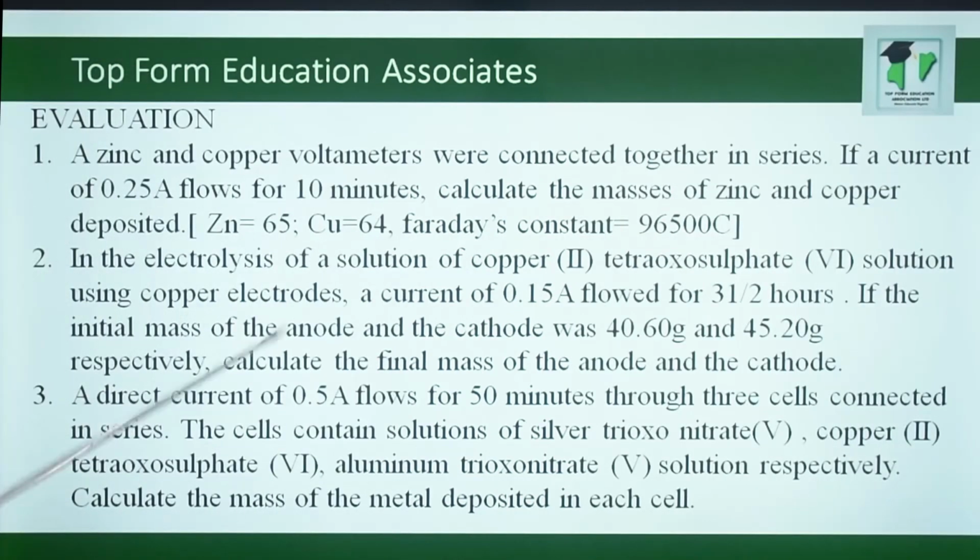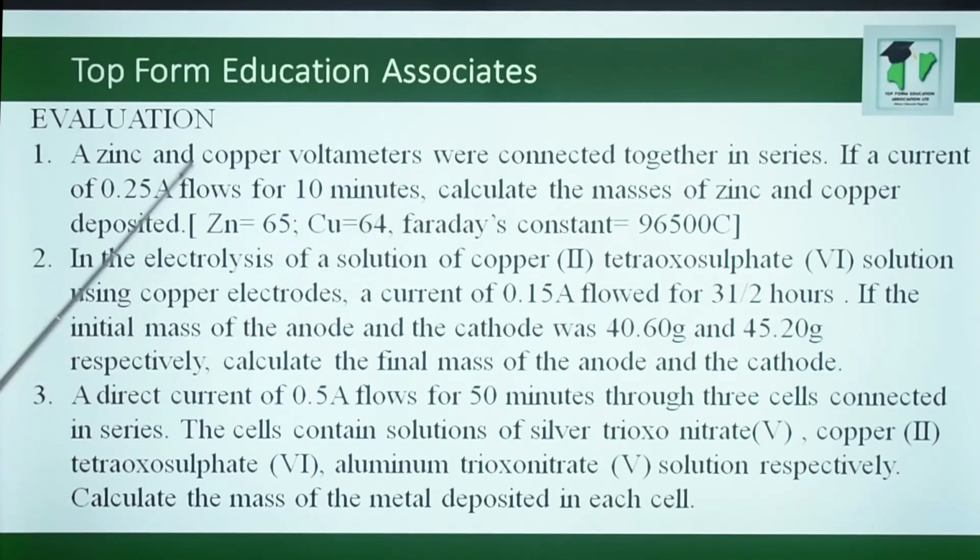You have solved so many problems, and you can use this to evaluate yourself. A zinc and copper voltammeters were connected together in series. If a current of 0.25 amperes flows for 10 minutes, calculate the masses of zinc and copper deposited. They are giving you the molar mass of zinc, molar mass of copper, and then Faraday's constant.